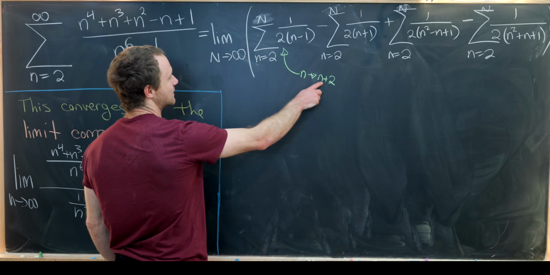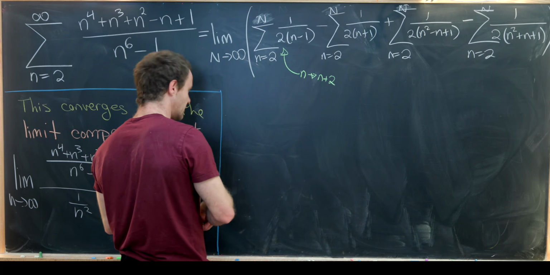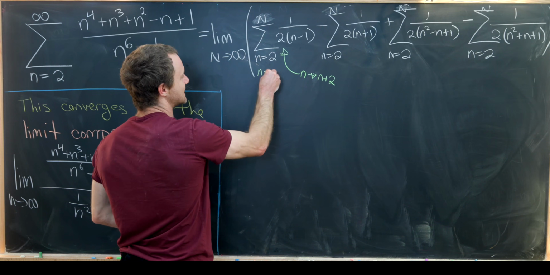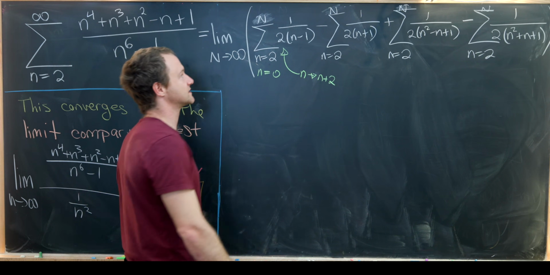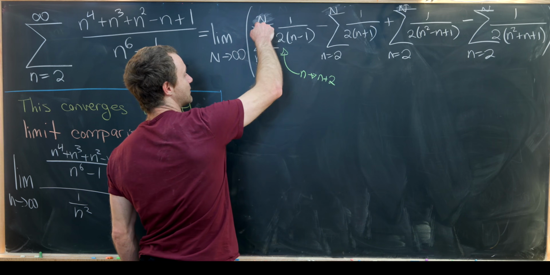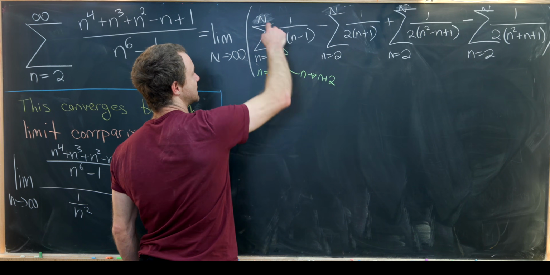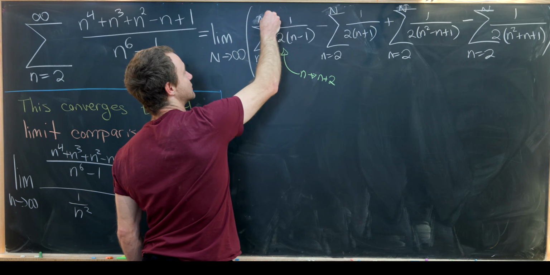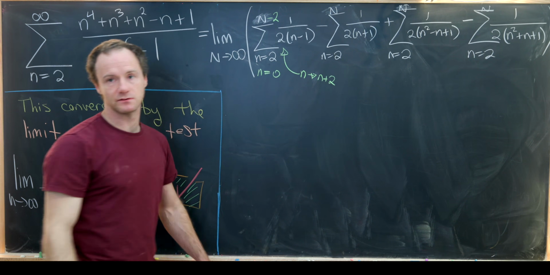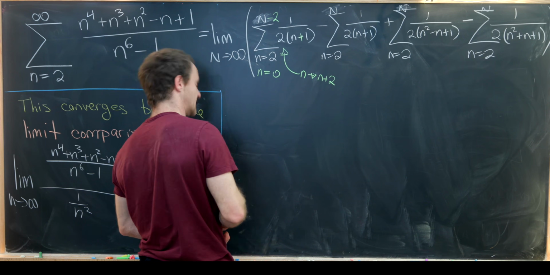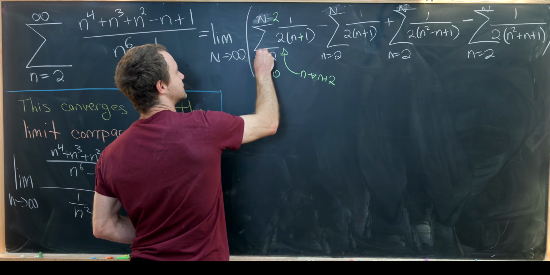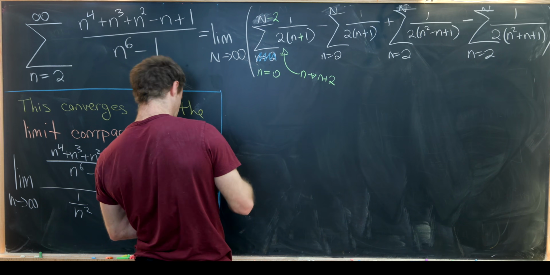So notice if n plus 2 is equal to 2, then n is equal to 0. So our new starting point is n equals 0. And then our ending point, well, if n plus 2 is equal to capital N, then n is equal to capital N minus 2. Oh, and then I almost forgot, we're changing this n minus 1 to an n plus 1, so we can get rid of this old starting point.